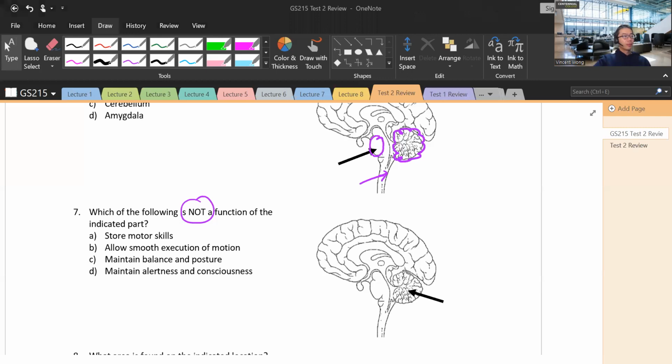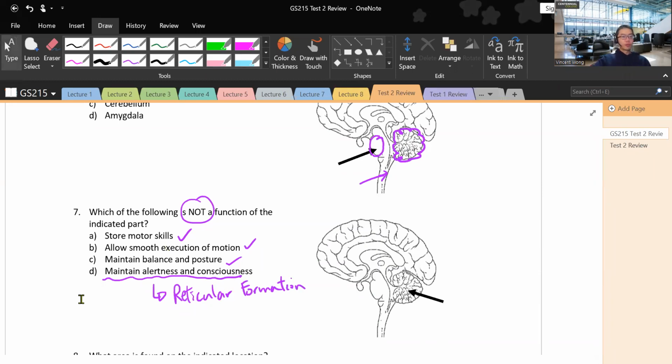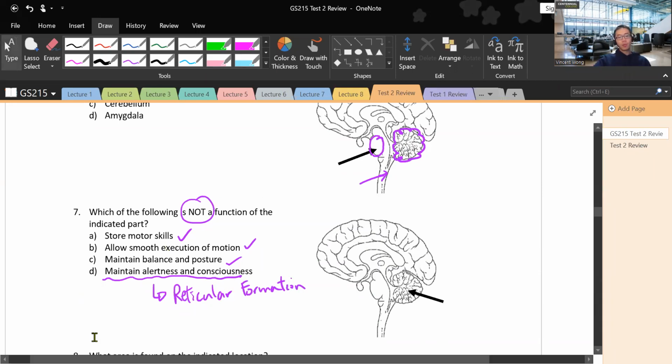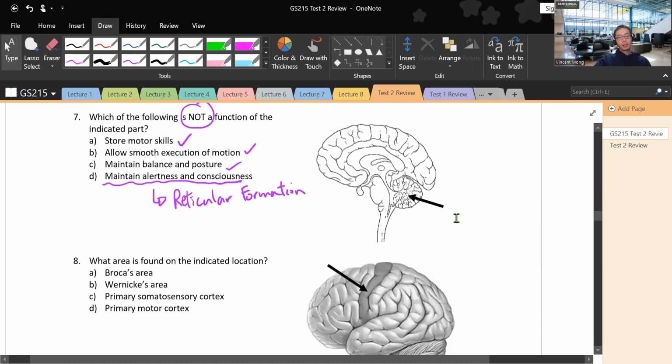We talked about the functions various times already. Store motor skills, which is like skill memories, allow smooth execution of motion, maintain posture and balance. Maintaining alertness and consciousness is the function of the reticular formation. We wrote this down in the chart on the first page. It's a web of gray matter.